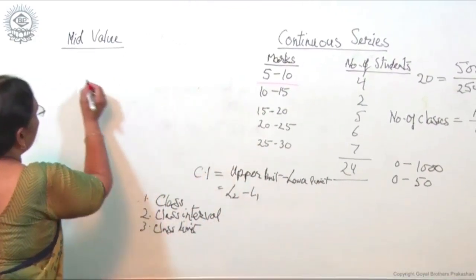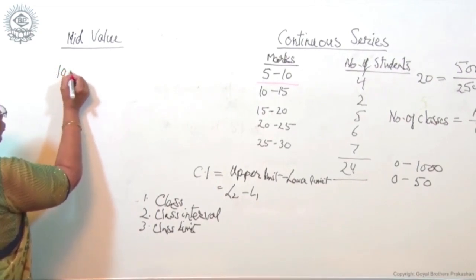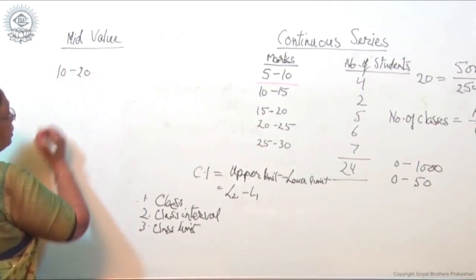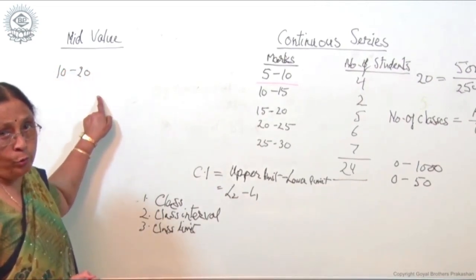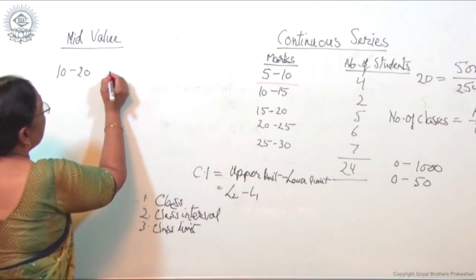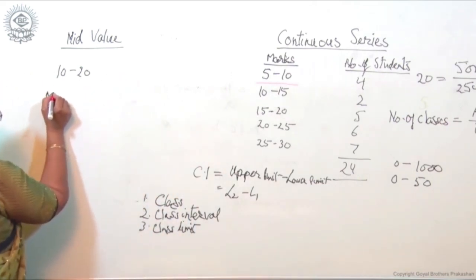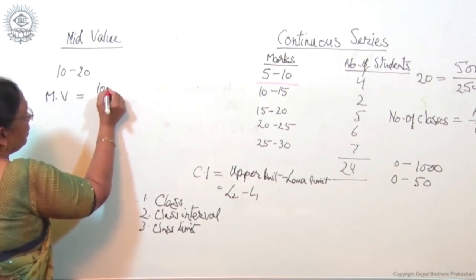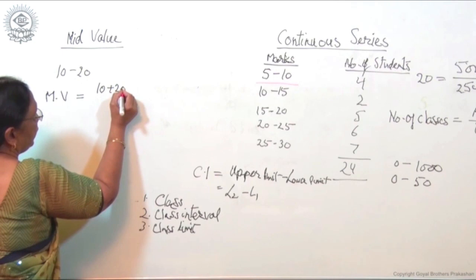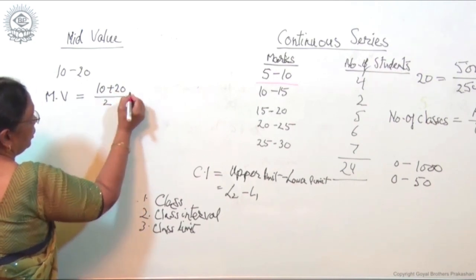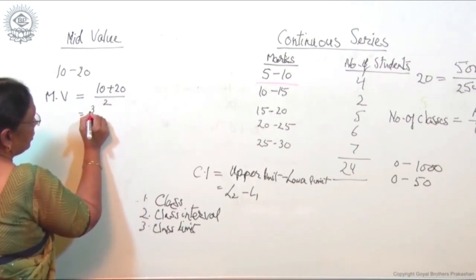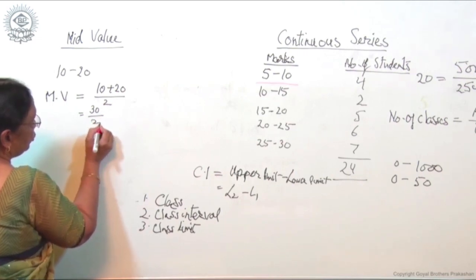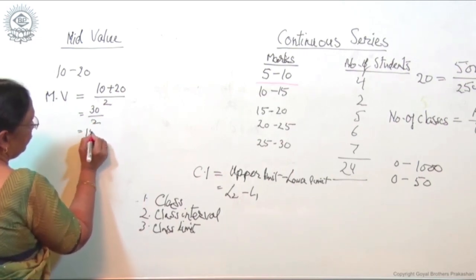Now when we are talking about a class interval of 10 to 20, suppose, what will be the middle value here? In this case, mid value will be equal to 10 plus 20 upon 2, which is 30 upon 2, that is 15.